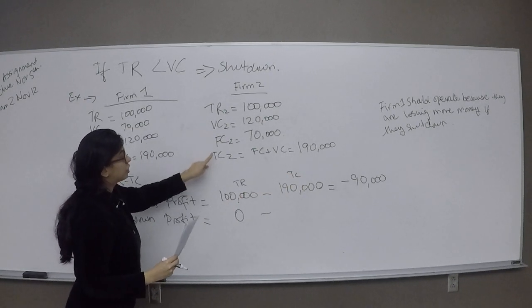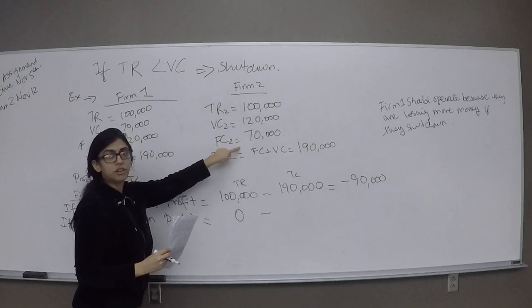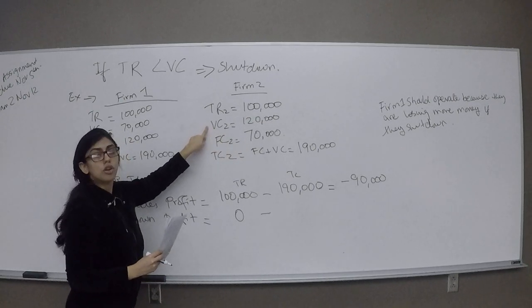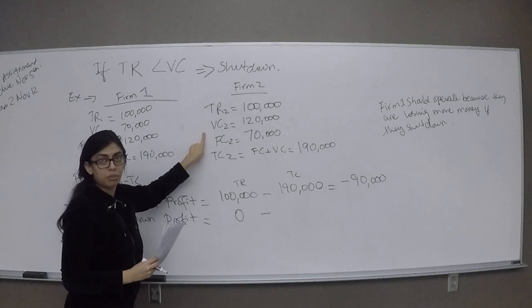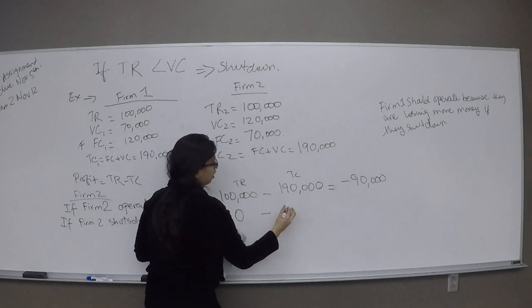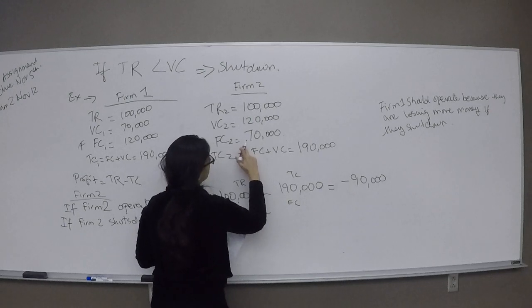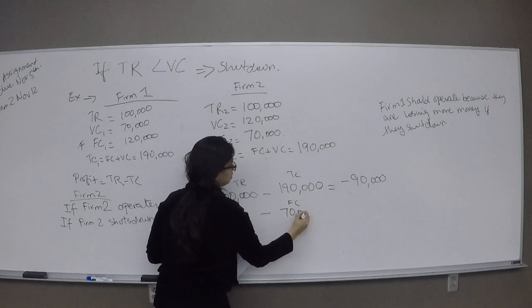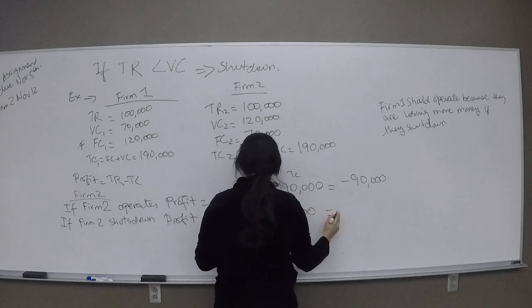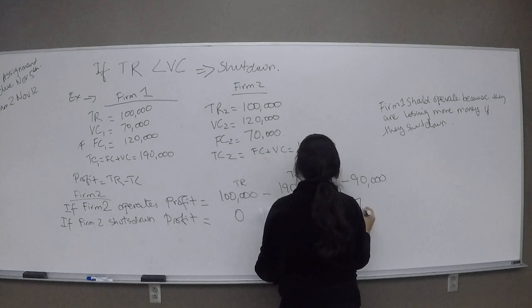Their total cost would be just the fixed cost, right? Because they're not operating, so they're not going to be paying variable cost. So the total cost would be just the fixed cost, which in this case is 70,000. So they'll be losing 70,000 if they shut down.